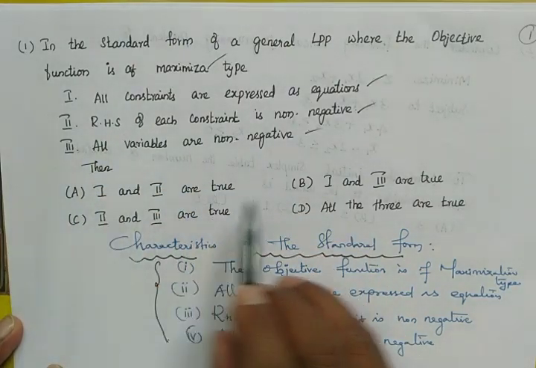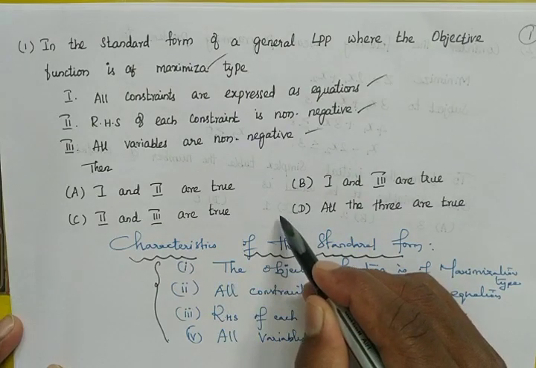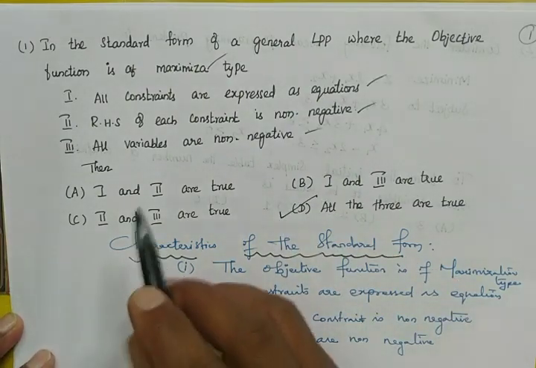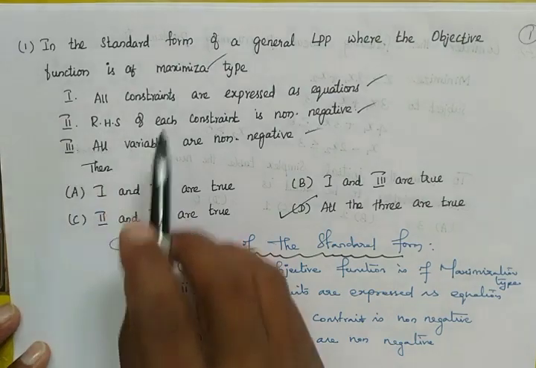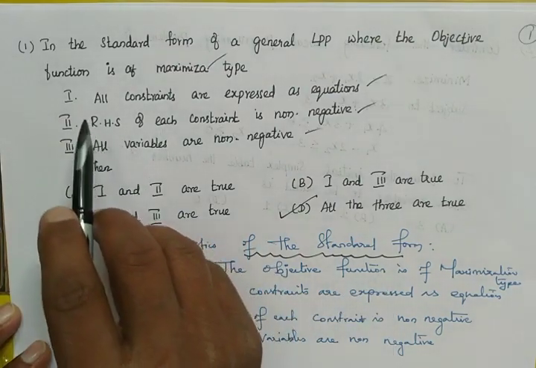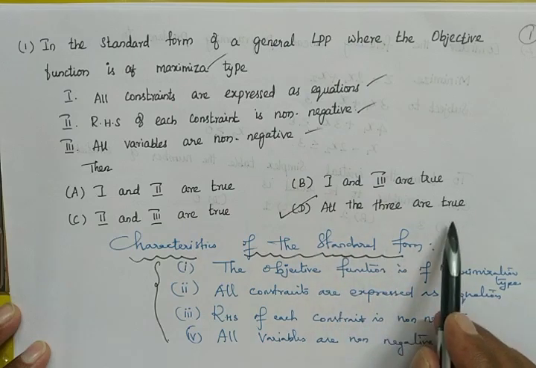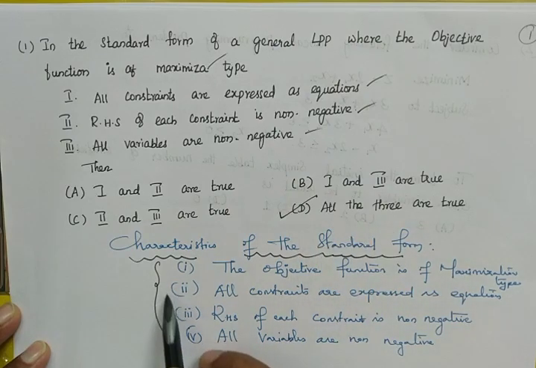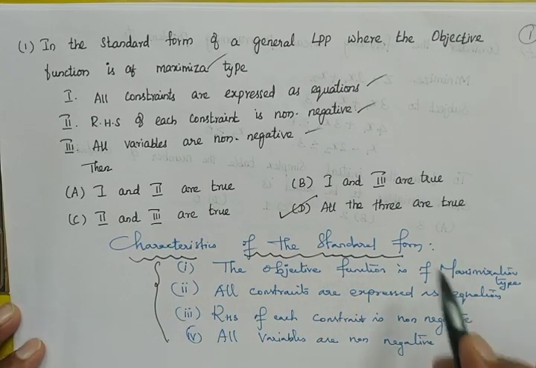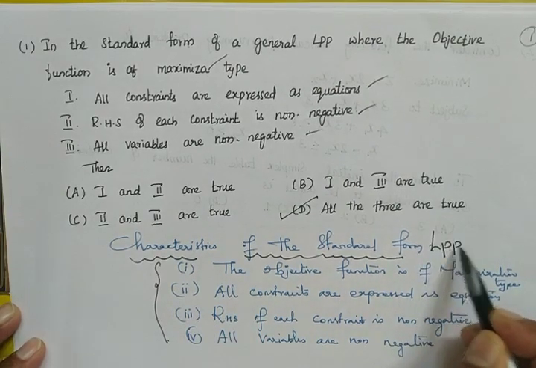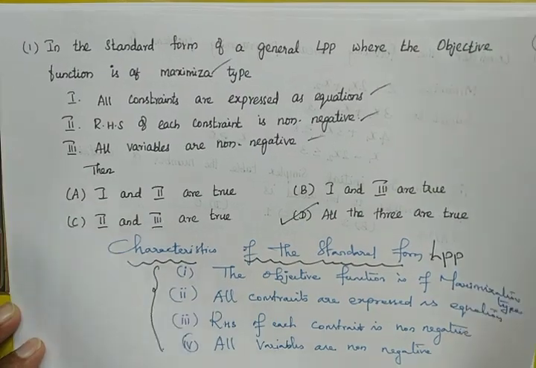Therefore, in the given options, option D is right for the given problem, because all of these are the basic characteristics of the standard form of an LPP, linear programming problem.